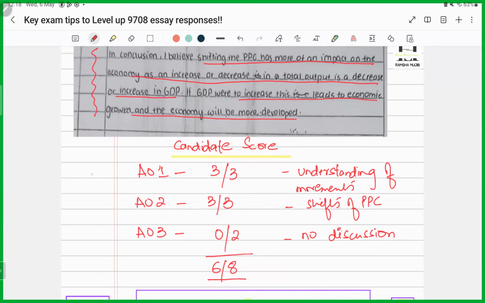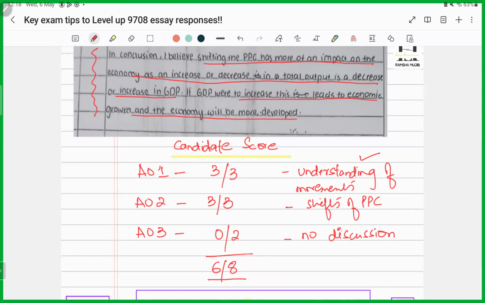As far as assessment objective 1, the knowledge and understanding, the examiner commented that yes, there were signs that the candidate was able to produce an understanding of the movement of the PPC.